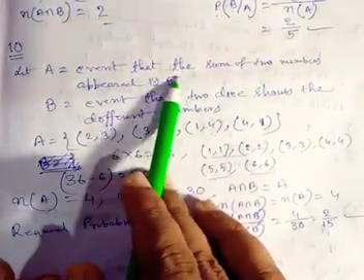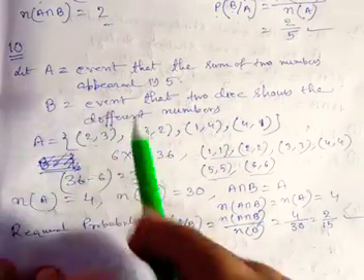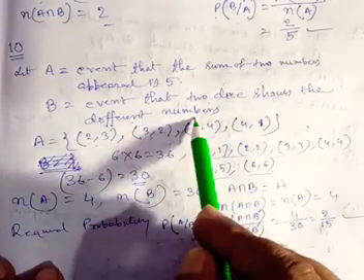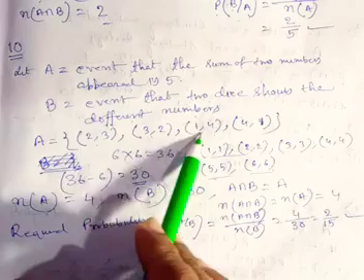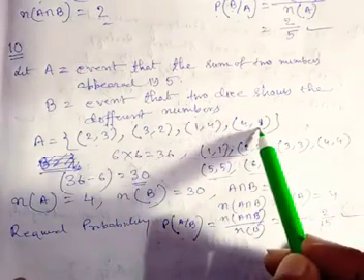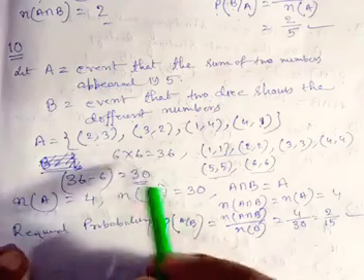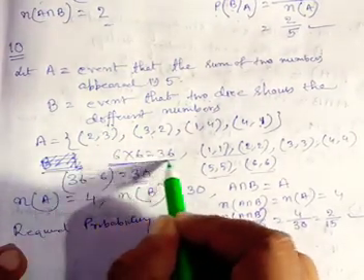Let A be the event that the sum of the two numbers appeared is 5, and B be the event that the two dice show different numbers. So A is equal to 23, 32, 14 and 41. Now if two dice are thrown, the total number of sample points is 36.